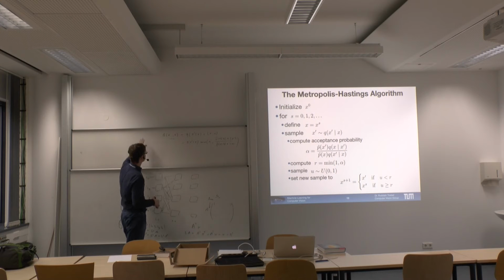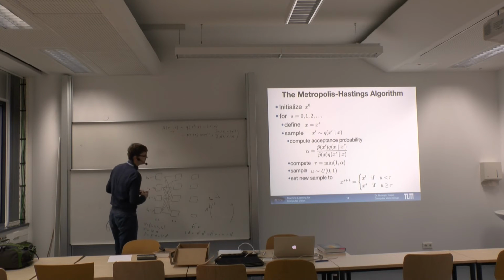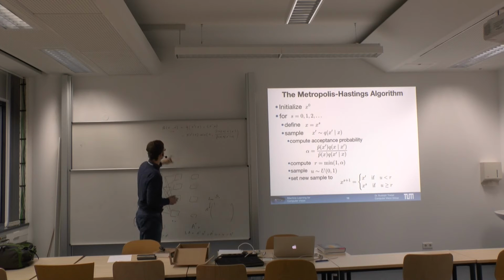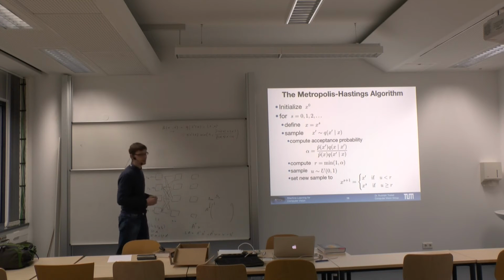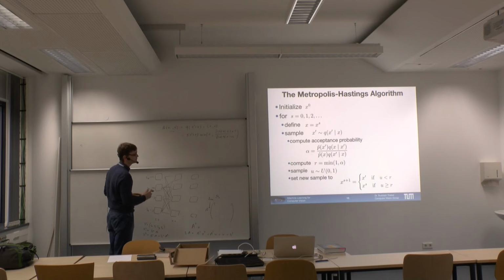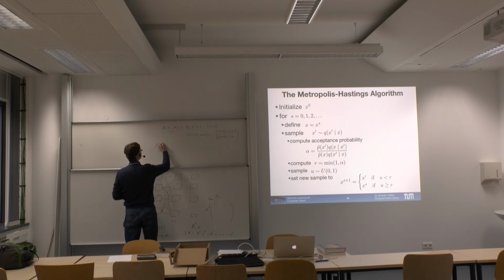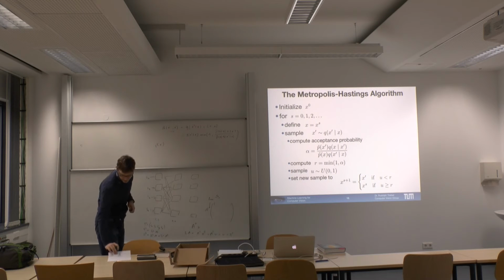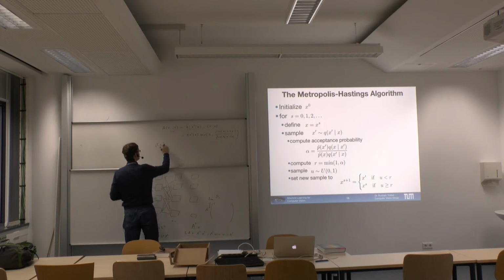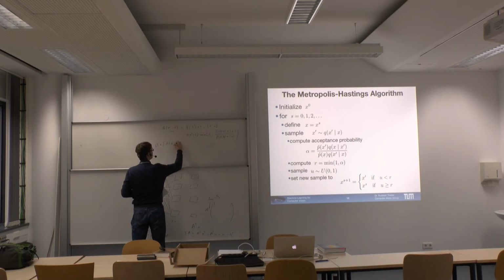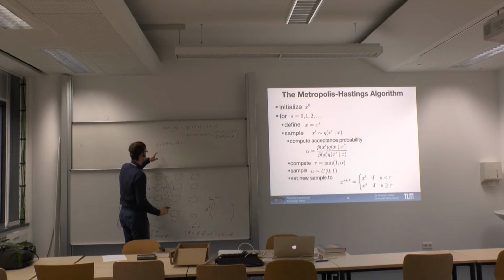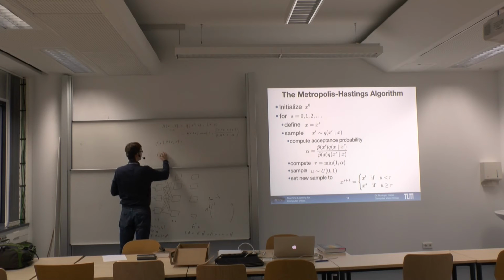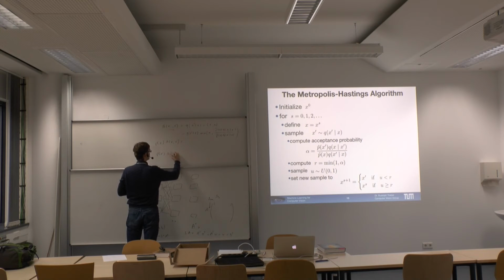So now this is our transition, and what we have to show is that this transition fulfills the property of detailed balance with respect to pi. That means p of x times A of x prime given x should be the same as the opposite, p of x prime times A of x given x prime.